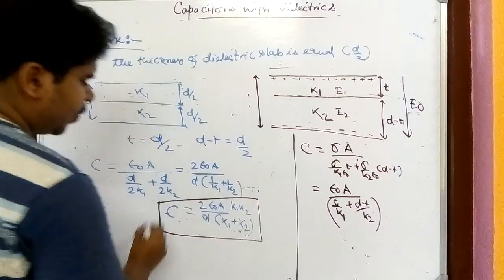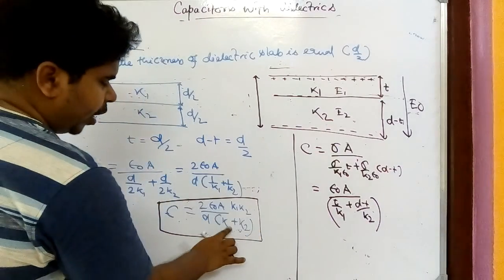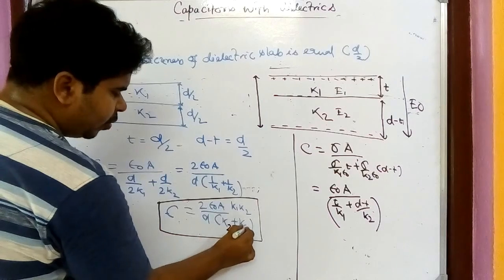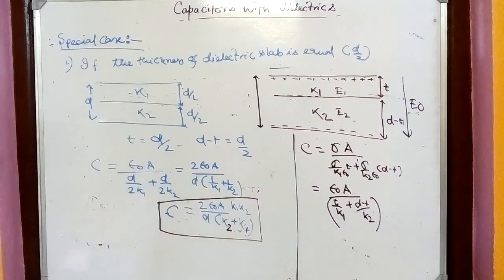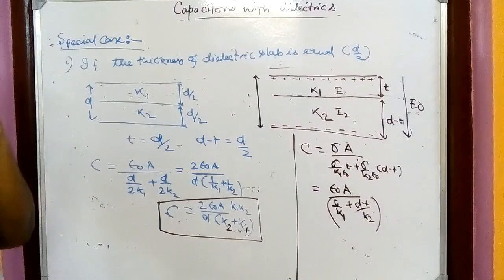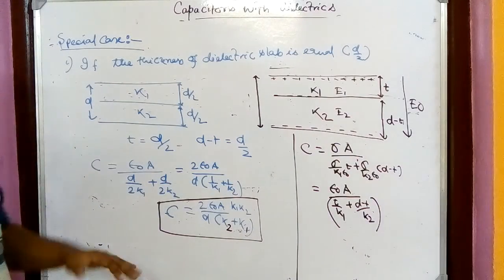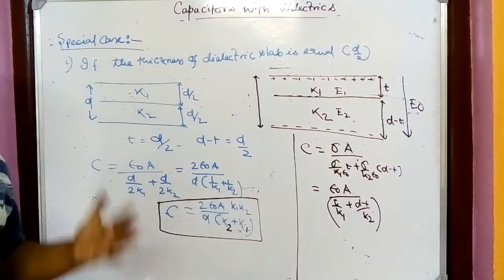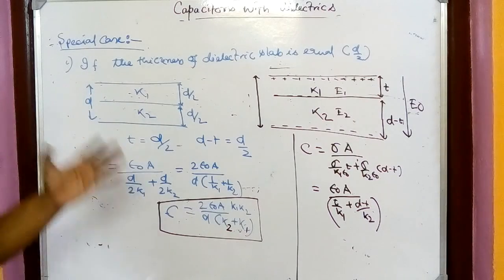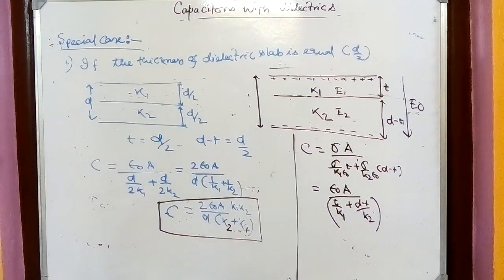C equals 2 epsilon naught A k1 into k2, it can be written k2 into k1, same thing, by d into k2 plus k1. You have to remember where it is coming from, how it is coming, otherwise you cannot prove it in the exam. So this type of questions will definitely come in the exam, so be careful about that. Practice more so that this type of questions will be much easier for you.